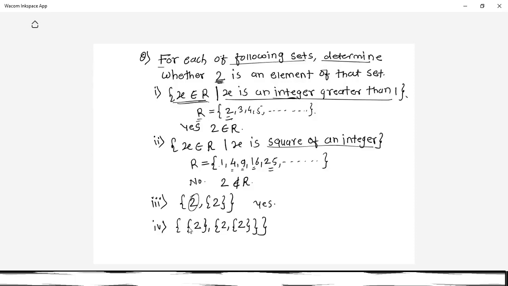So this is one set, this is a second set. So I cannot say 2 is an element of this set, because the elements of this set are other sets, and hence 2 is not an element of this set.